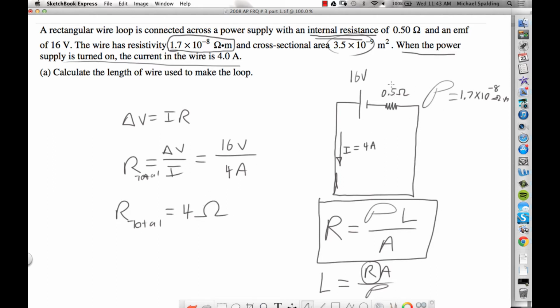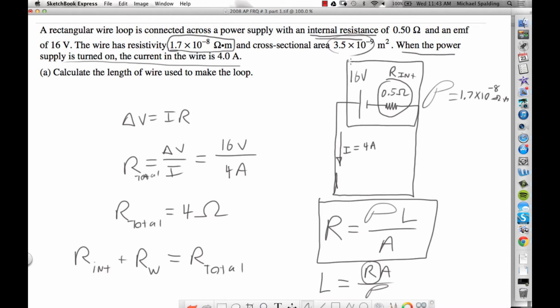But look, this guy right here is the internal resistance of the battery. So you can think of it like this: the internal resistance of the battery plus the resistance of the wire equals the total resistance. The battery has its own resistance, and then the wire has resistance.